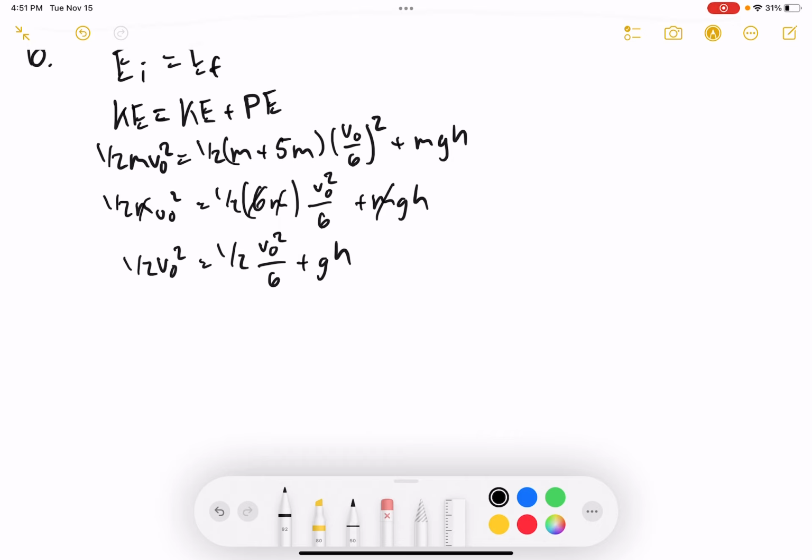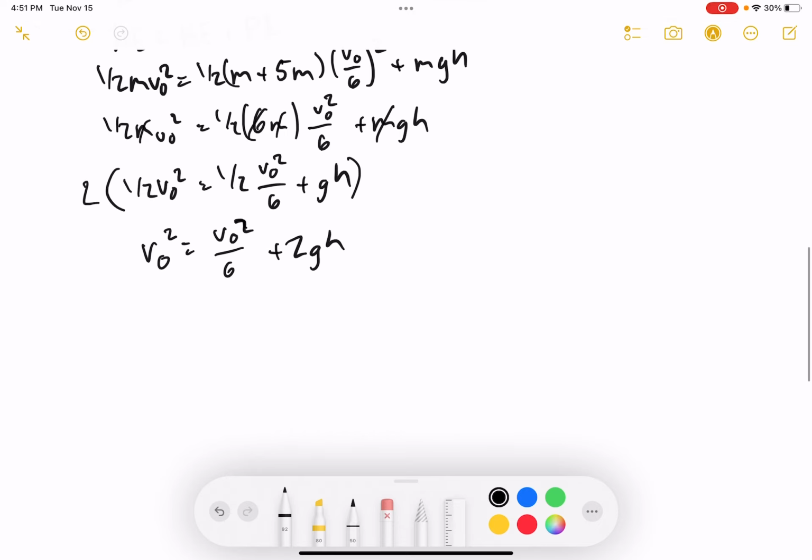So I can go ahead and multiply everything by 2, just to give it a little bit of a cleaner look. v0 squared equals v naught squared over 6 plus 2gh. Then I'll subtract my v naught squared over 6, so I'll have 5 v naught squared over 6 equals 2gh.